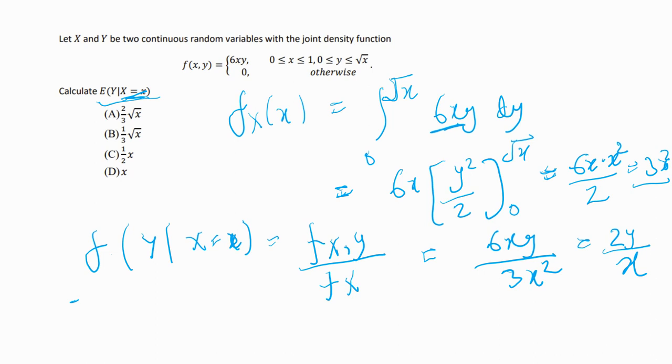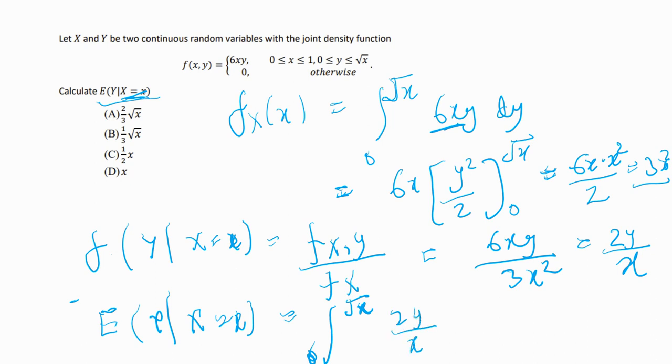Now to find the expectation of y given x is equal to x, we will have the limits of y from 0 to root x, and then 2y upon x dy.